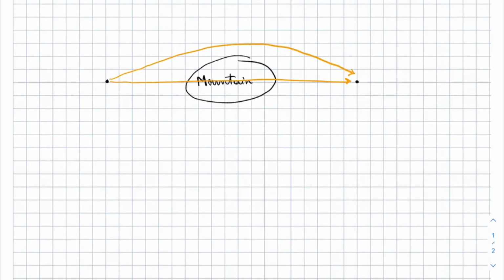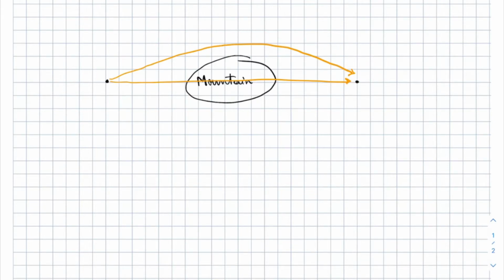Therefore, the distance in which we're really interested if we want to move from the first point to the second point is not this one, but the distance going via this other path, which means that we have to give a definition of the length of this path or curve here.